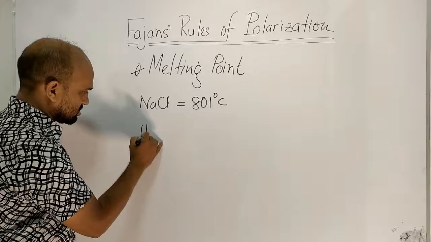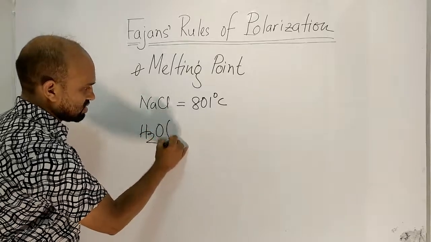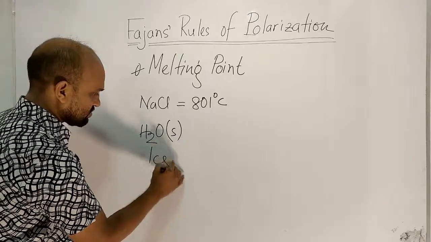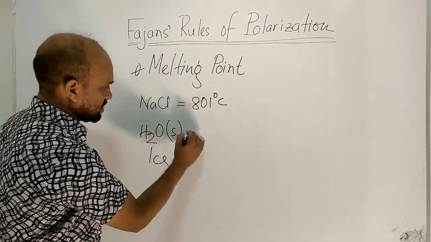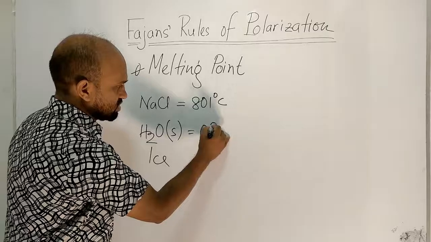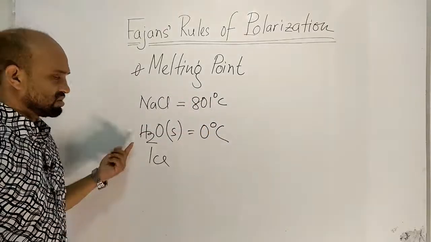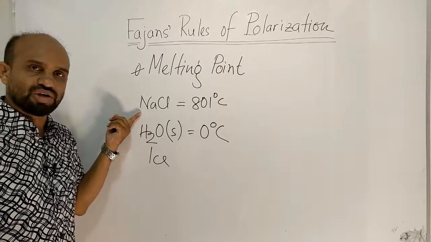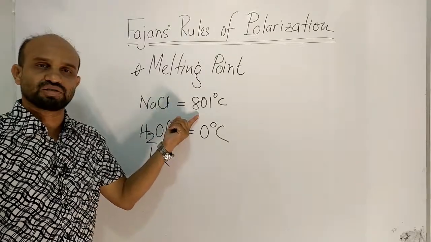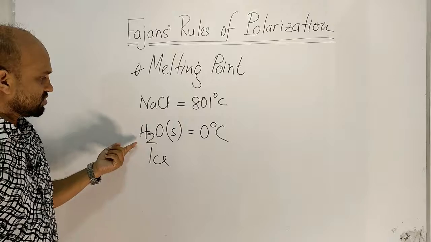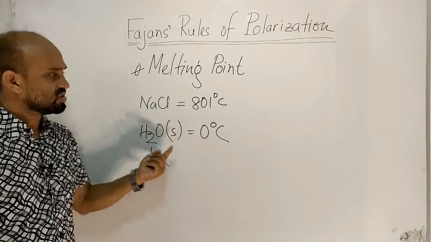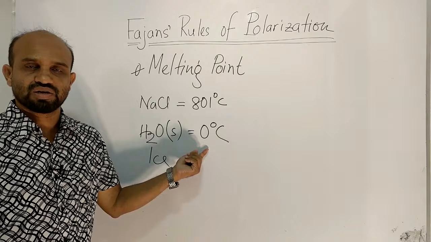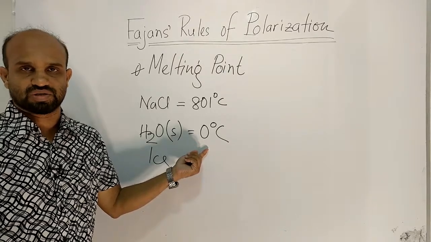Another solid substance, that is water solid, which is actually ice, and its melting point is 0 degrees centigrade. This is covalent compound. So for ionic compound melting point is very high, and for covalent compound this is low, and for water it is 0 degrees Celsius temperature.